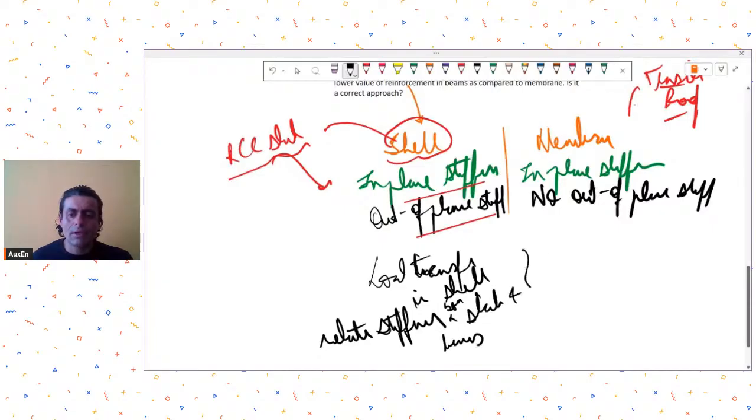So there will be a relative stiffness distribution between slabs and beams, and that is how the moments get transferred from shell to beams. Whereas in membrane, because there is no out of plane stiffness, the gravity load or the perpendicular load to the membrane will be divided just on the basis of tributary area. Okay.